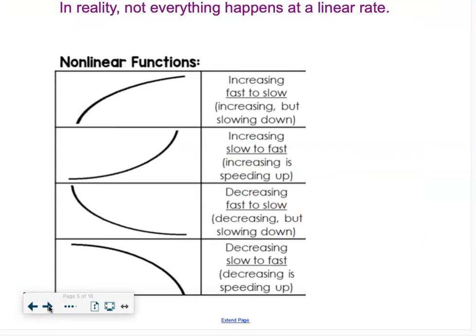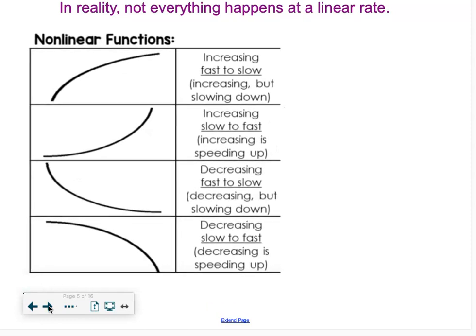So when you have a graph that is curvy, any curvy graph is made up of these 4 shapes. No matter how you draw your curve, every single curve can be broken down into these 4 shapes.